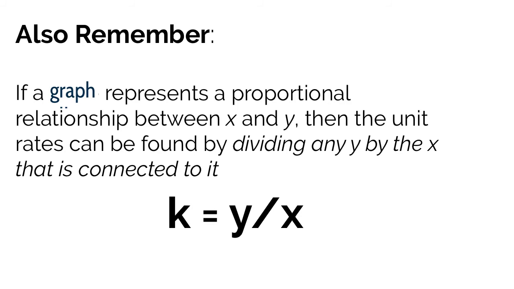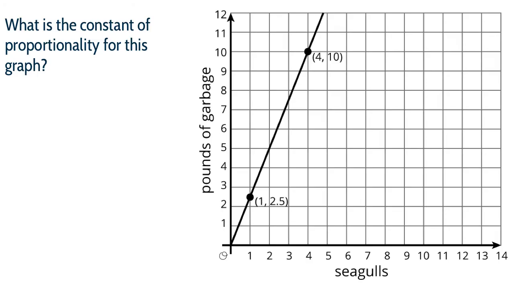But if a graph represents a proportional relationship between x and y, then the unit rate can be found by dividing any y by the x that it is connected to. So if we go back and ask what's the constant of proportionality, I don't have to look at 1 to find it. I could use any point along the line. So for example, I could use this point here. Points are x, y, like that.